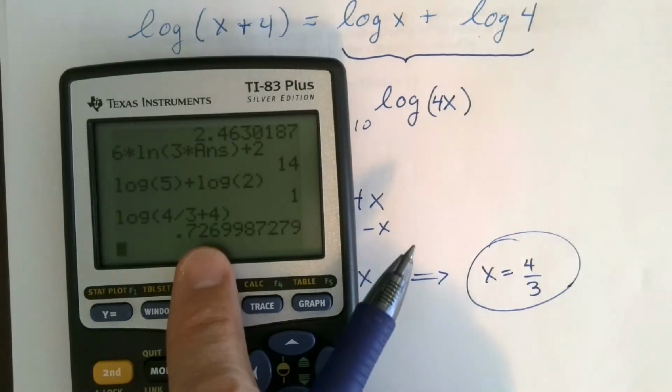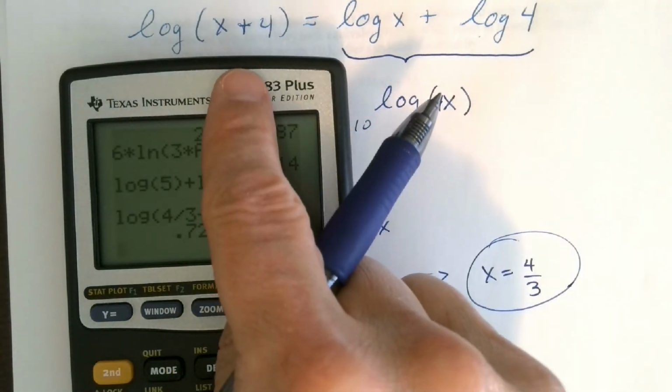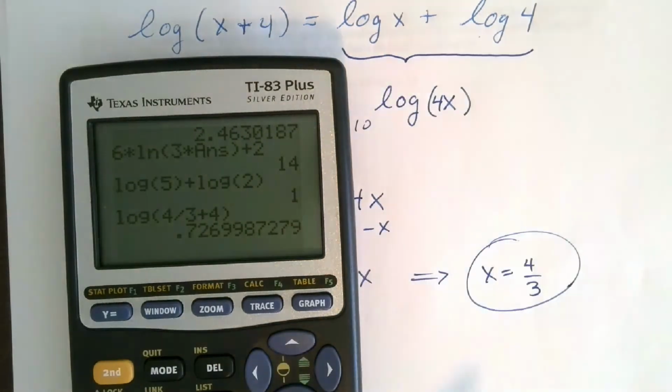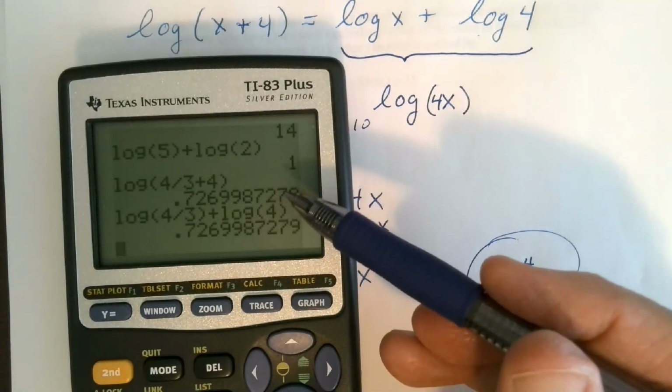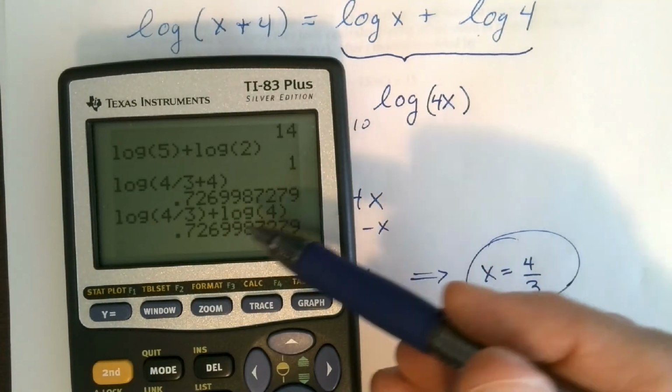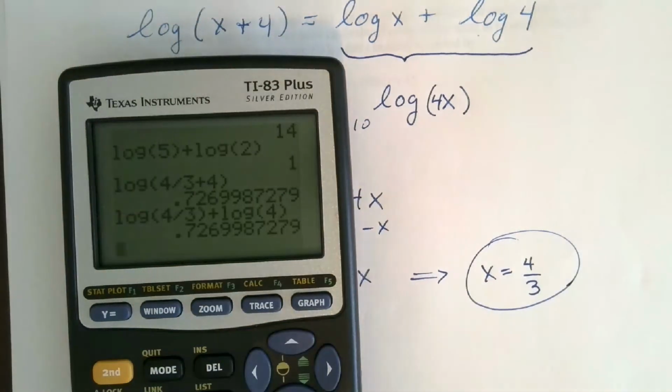I get that number, which is that side. So is this side the same thing? I've got log of 4/3, plus log of 4. Again, it's an approximation, but we can see we feel pretty good that both sides are equal in this case. Okay, so it checks.